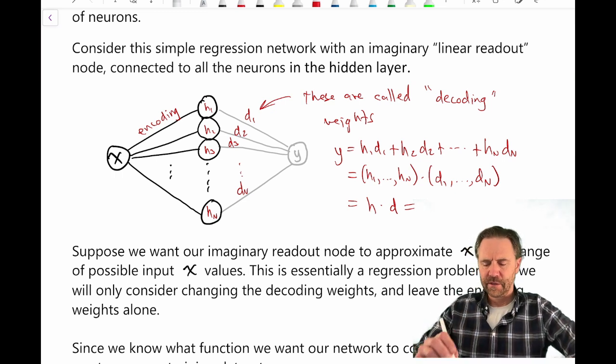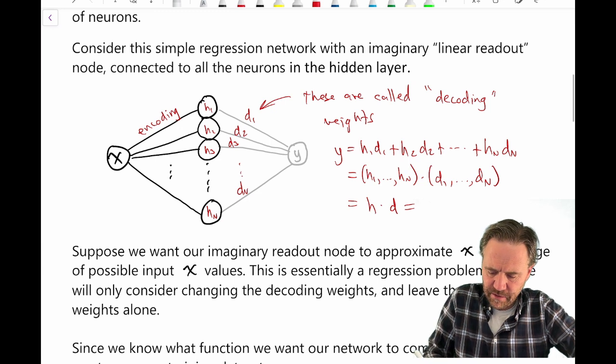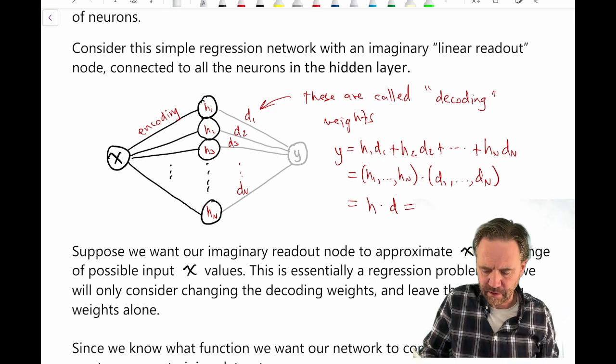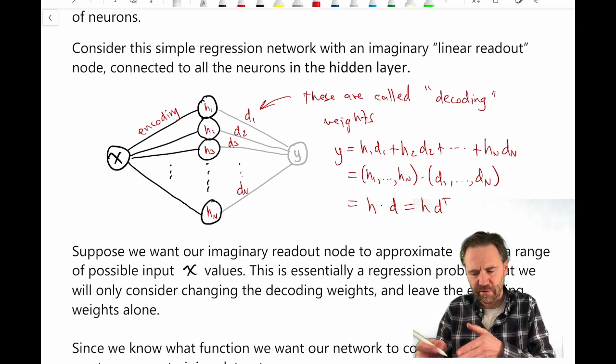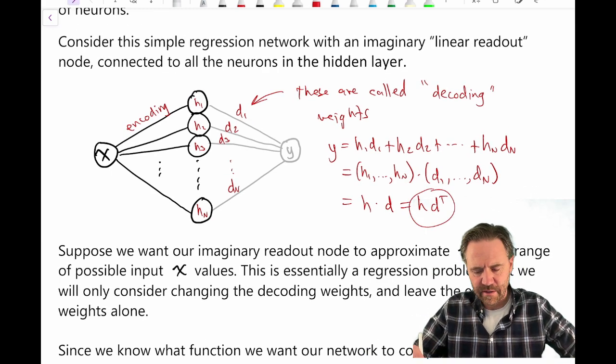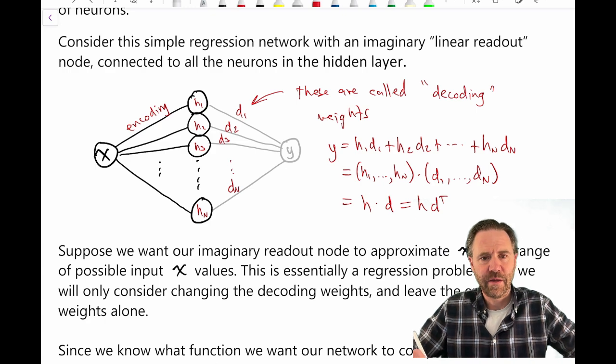So H is a row vector, and D we need to be a column, so I'll write it like that, D transpose. I mean H times D transpose. On the left, it's the dot product. On the right, this is more of a matrix operation.